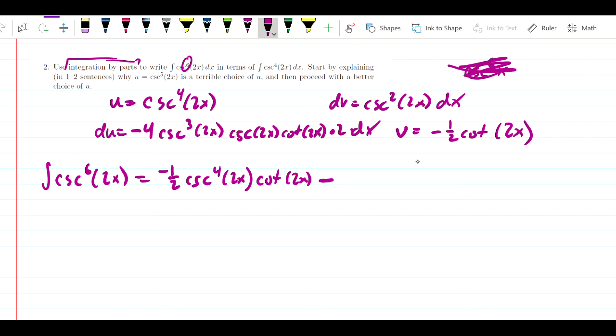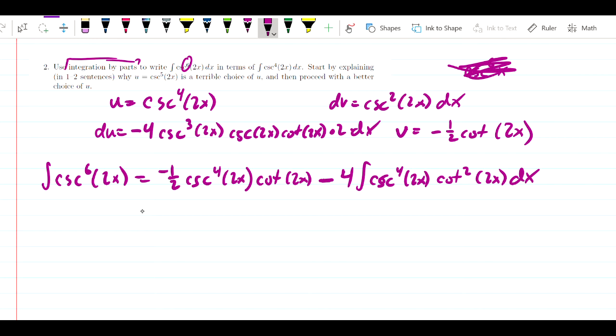So that's going to be minus 4 integral of, let's combine terms here. We're going to have cosecant cubed times cosecant is cosecant to the 4th 2x. And then we have 2 powers of cotangent, so that's going to be cotangent squared 2x dx, like that.